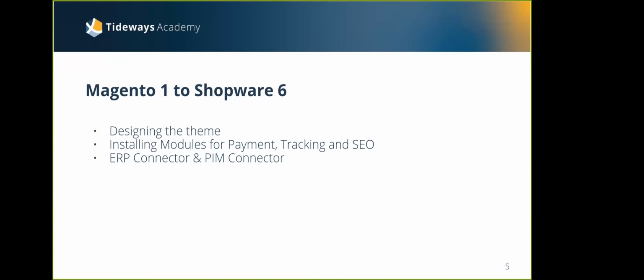And I also installed the necessary plugins for payment, like PayPal or Amazon Pay, an SEO plugin, and the tracking plugin for Google Analytics for the enhanced e-commerce tracking. Yes, and of course, we also had to connect Shopware 6 to our other systems, like the ERP system we are using and the PIM system. But these interfaces already existed or were newly developed. And in summary, I can say that the migration to Shopware was very uncomplicated.